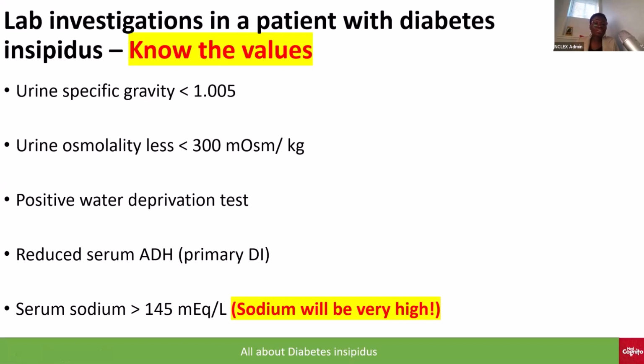And note, for diabetes insipidus, there would be hypernatremia, high sodium in the blood. So serum sodium, when we take the blood sample of the client for the lab, we're going to get serum sodium more than 145 milliequivalent per liter.